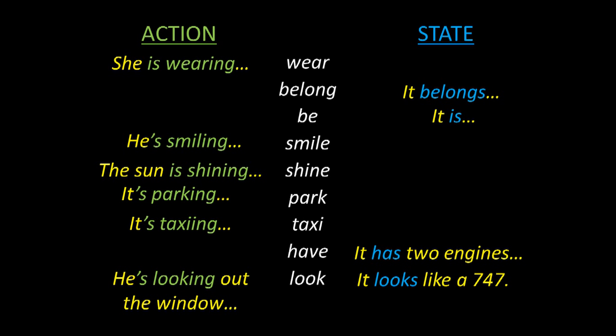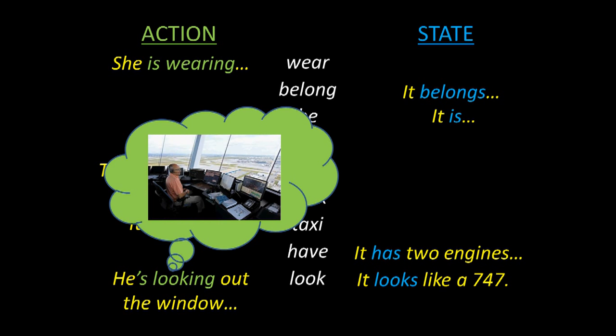Well, actually, look can be both. There are many words in English that can be both actions or states, depending on how you use them. For the action, we see he's looking out the window. To look is to do something, it's an action.